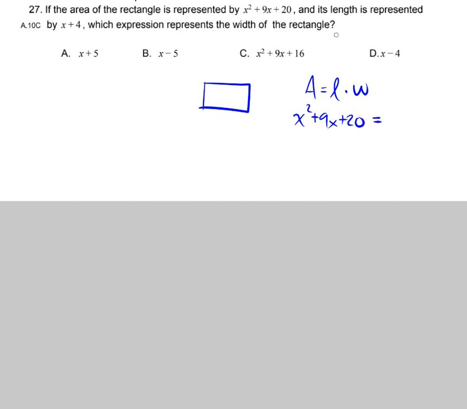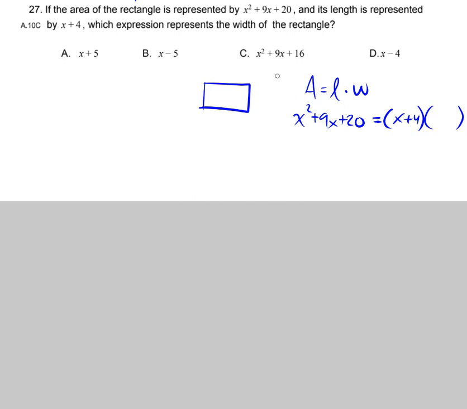And that's equal to my length, which is represented by x plus 4, times something else. That's going to be our w, whatever that is. They're asking what is multiplied times the x plus 4.